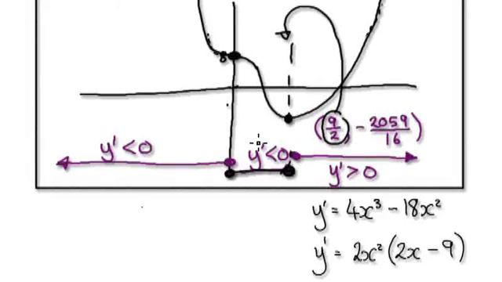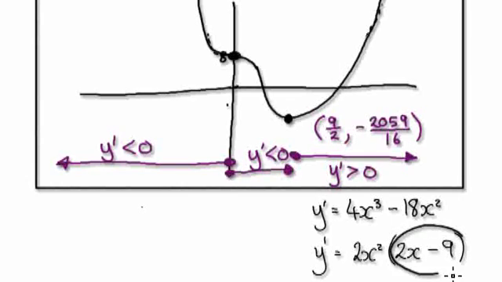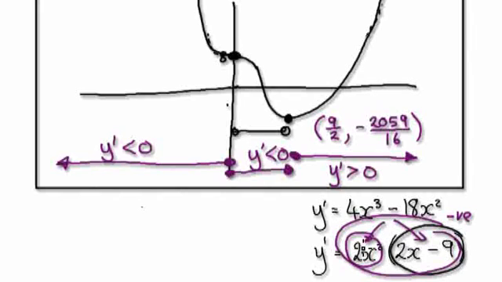If we choose an easy number, let's say 1, and put 1 into here, 2 times 1 will be 2. Take away 9, and this whole thing will be a negative number, and in this region this thing here will be positive. So overall you've got a positive times a negative, so this region will be negative.